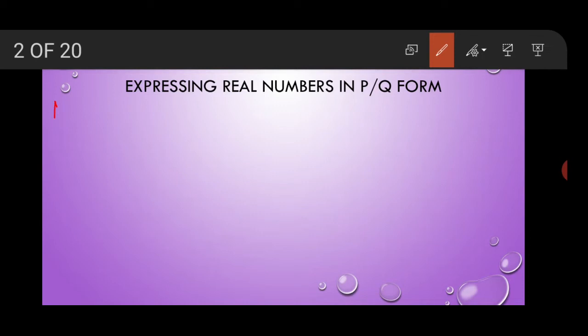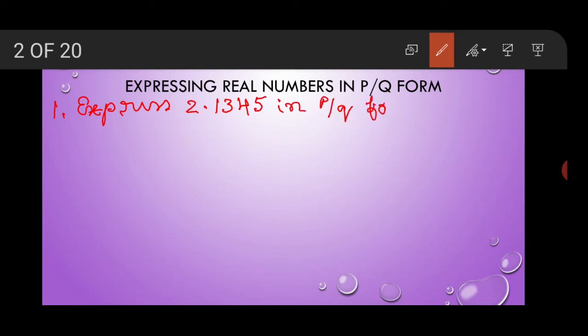Express 2.1345 in p by q form. This is a terminating decimal expansion.